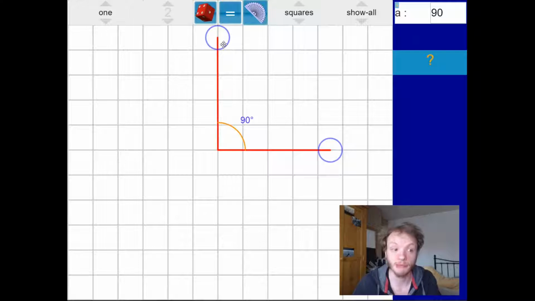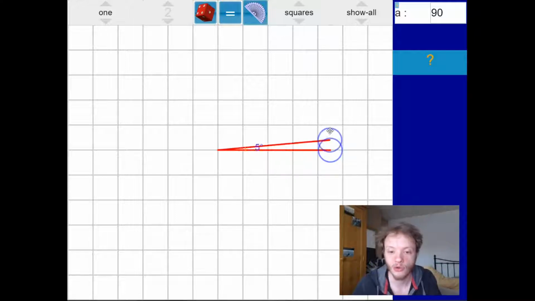An angle is a measure of turn, and we measure it in degrees. So this here says 90 degrees, and it's 90 degrees of turn. And what that means is, were I to drag this line down so they were on top of each other, we've got 0 degrees, so they're the same line, there's no angle.